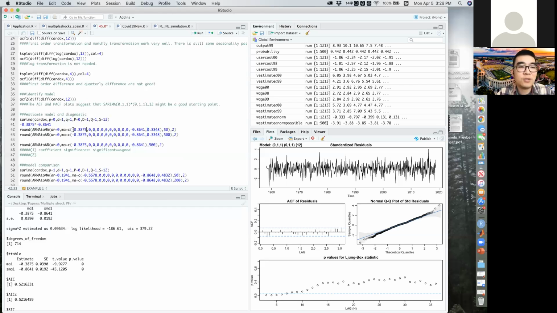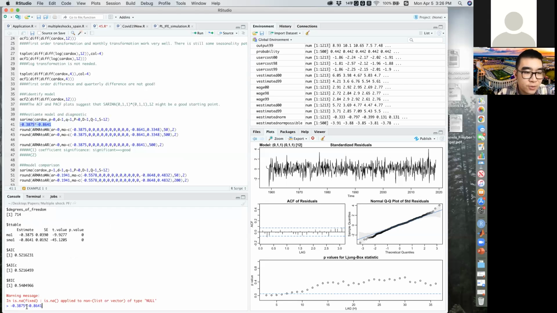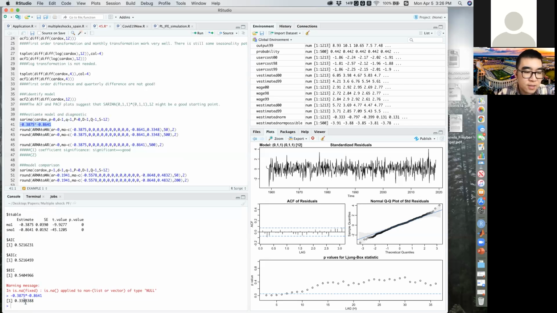It is equal to the product of the coefficient of lag 1 and lag 12. Lag 1 is this number, lag 12 is this number, and the product is 0.3348. So the coefficient of lag 13 is 0.3348. Just be very careful here.